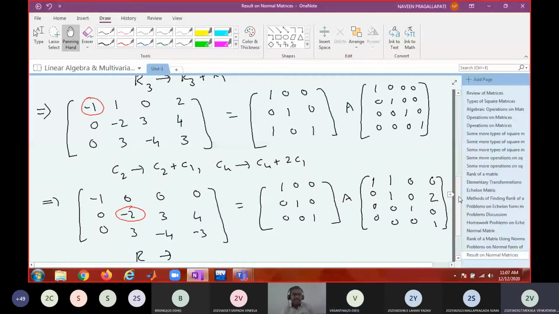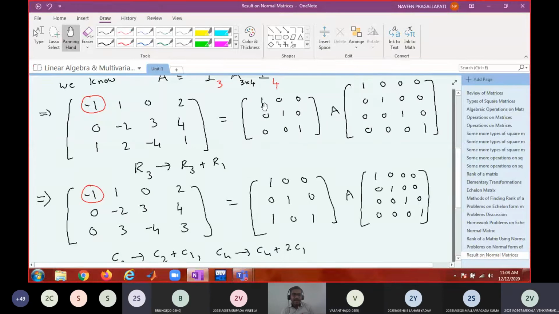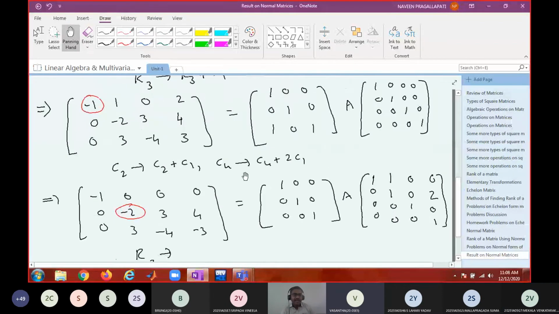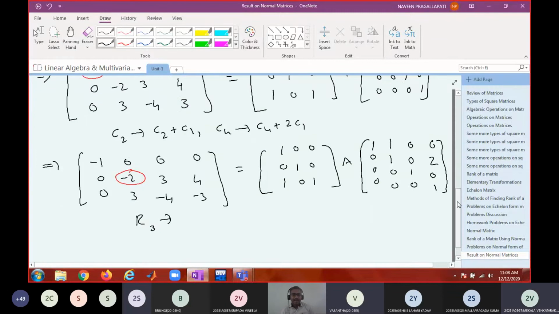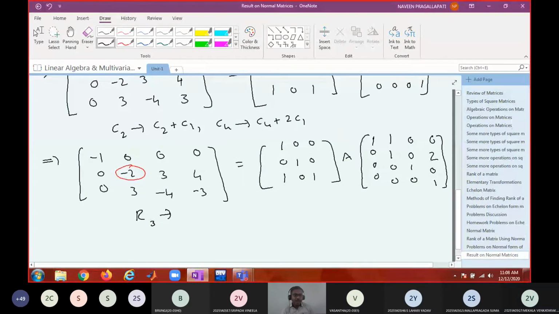R3 gets R3 plus... so 1, 1, 0, 1. Yes, sir. In the next step, sir, you forgot to write 1. Okay, I understood, so here this must be 1. Is it fine? Yes. Now what is the row operation I have to apply?